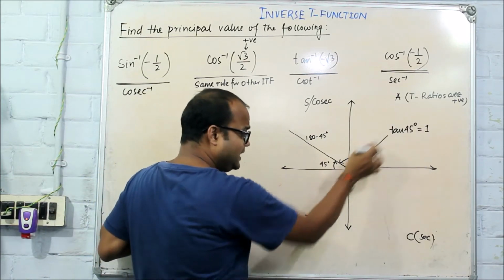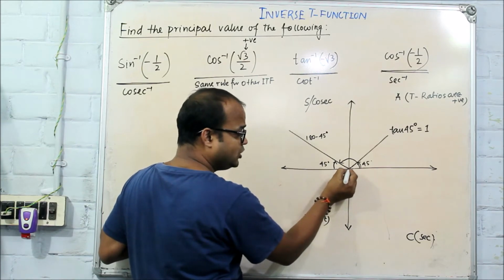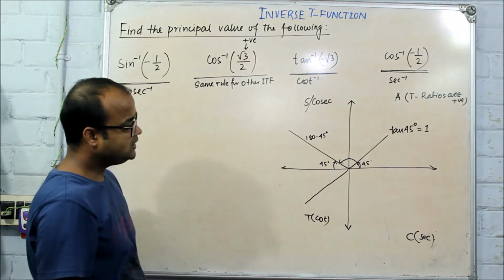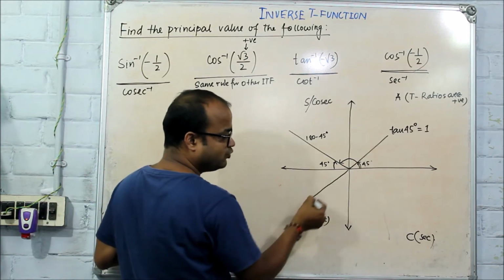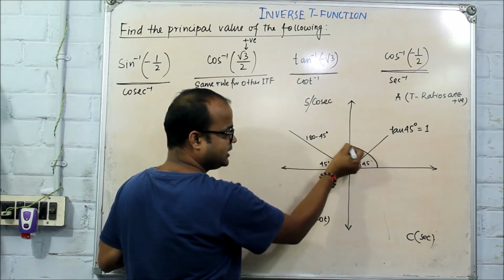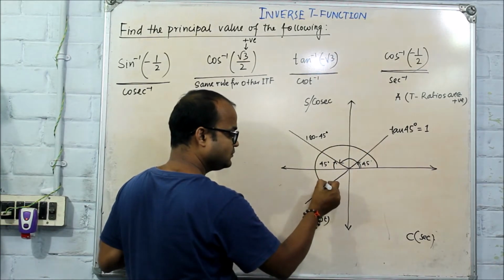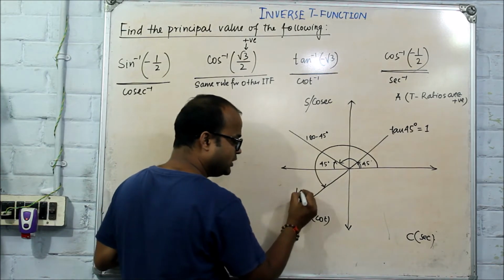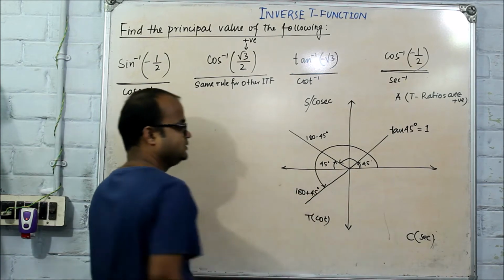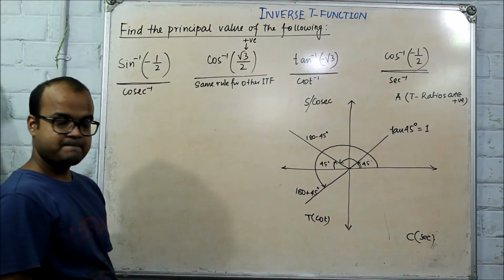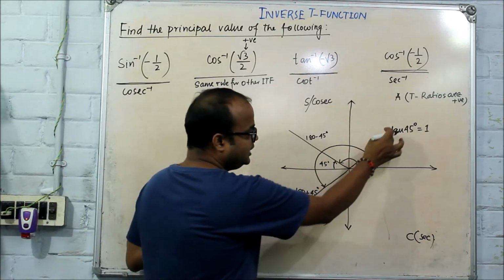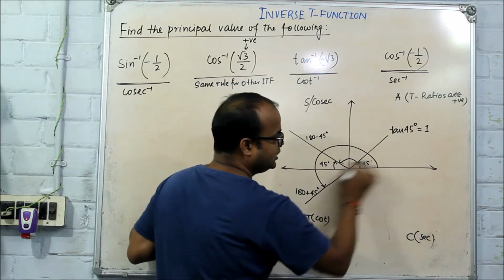Now, reflection of this line along the origin. This is a straight line, so 180 degree, and this is 45 degree. So if you measure this angle, this will be equal to 180 degree plus 45. Clear? Now reflection of this line along the x-axis.